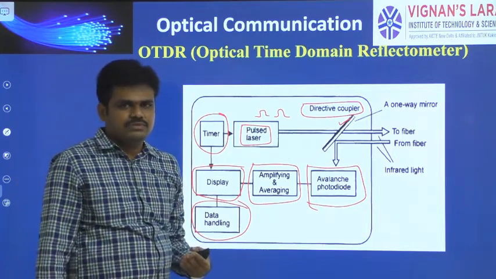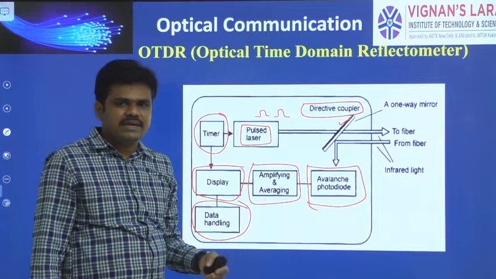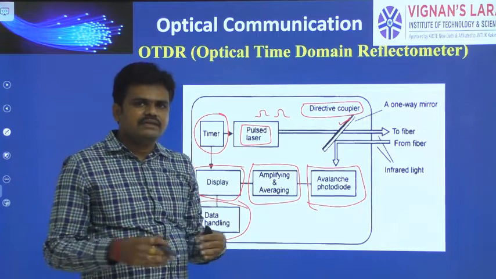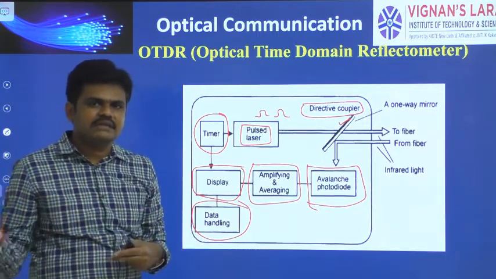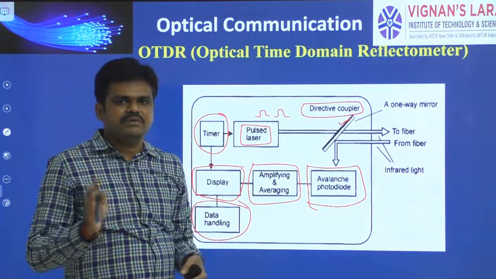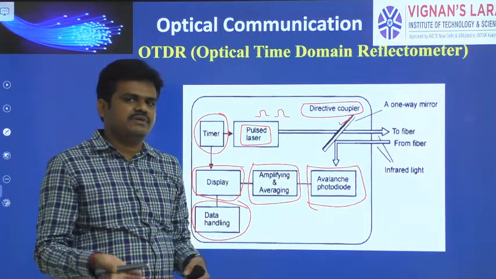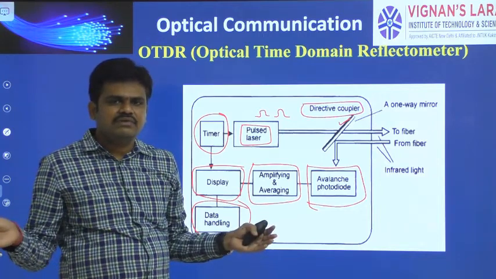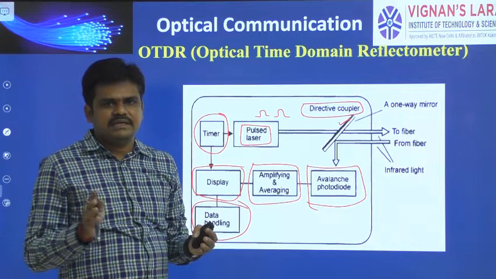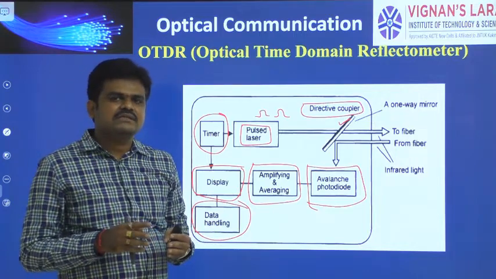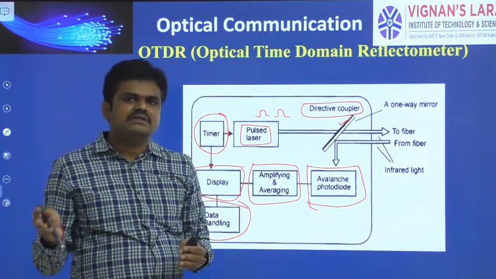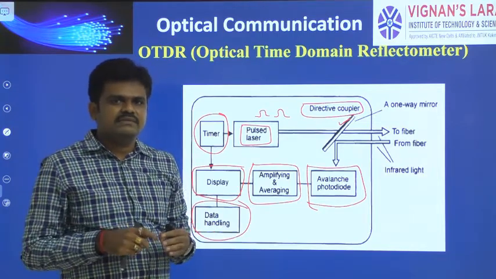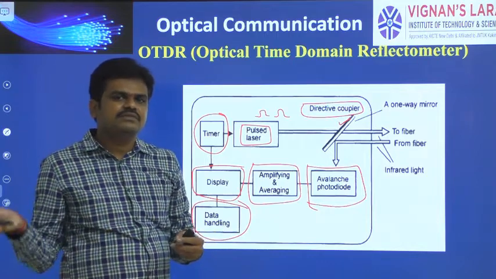What we have done in the cutback technique or insertion loss method is connect the fiber, cut the fiber at the near end and far end, measure the powers, and substitute those power levels in a formula. In the insertion loss method, we connected the optical source and the optical detector using the connector, calculated the power at the receiver, then inserted an optical fiber cable, measured the power again, and calculated the attenuation using the formula.